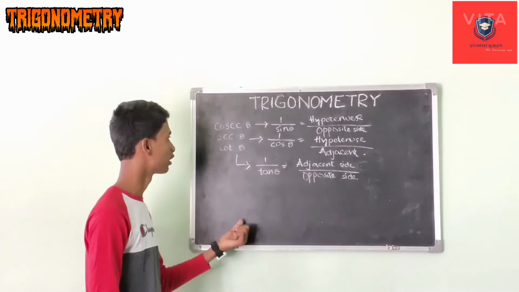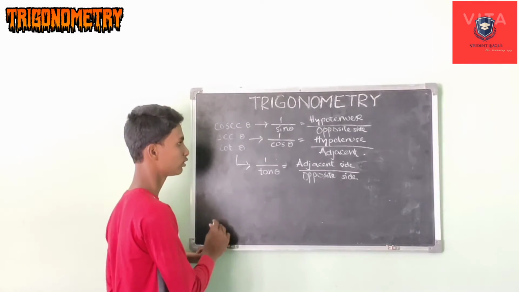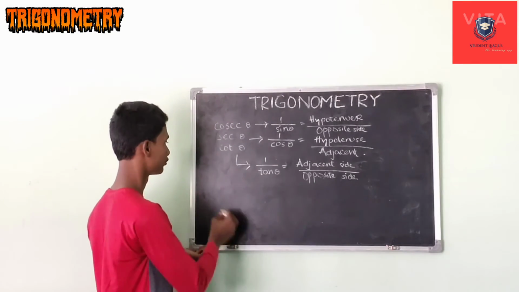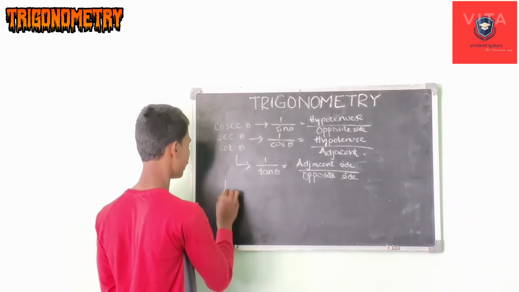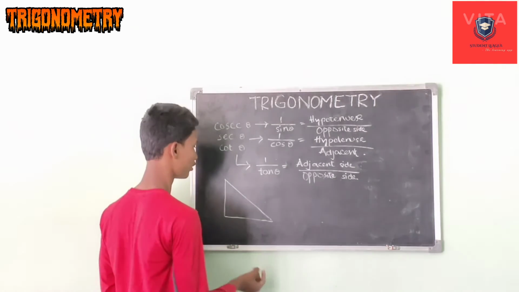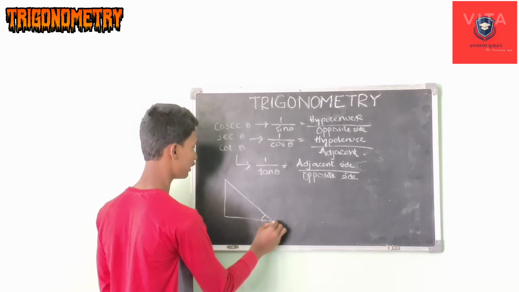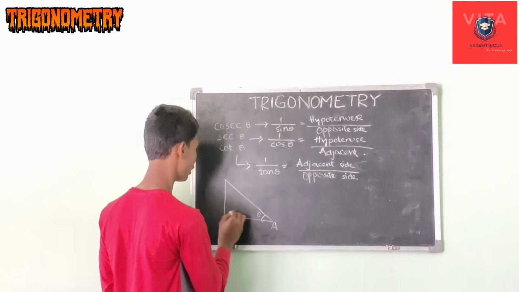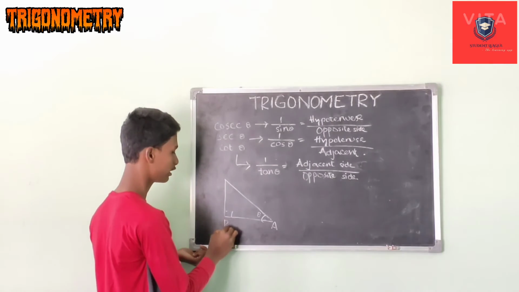Okay students, now I will show some problems on this. Consider a right angle triangle. Take angle A as theta, angle B is equal to 90 degrees.